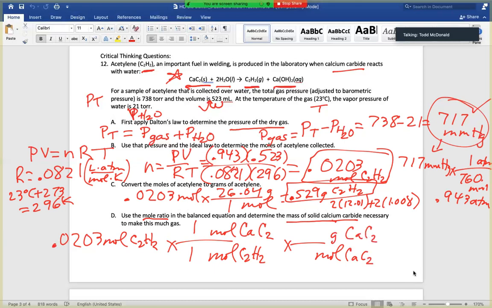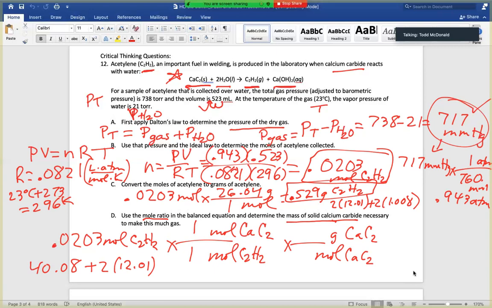Out to the side, I'm going to look up calcium, which is 40.08 grams. And then we have 2 carbons. So to get my molar mass here, I'm going to take 40.08 plus 12.01 times 2, so that's 24.02.